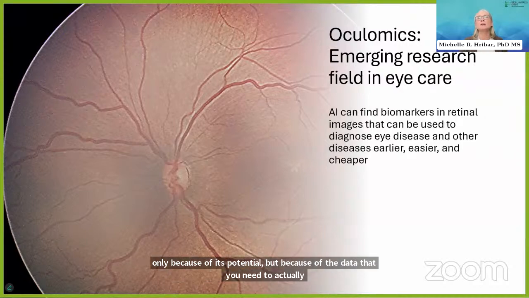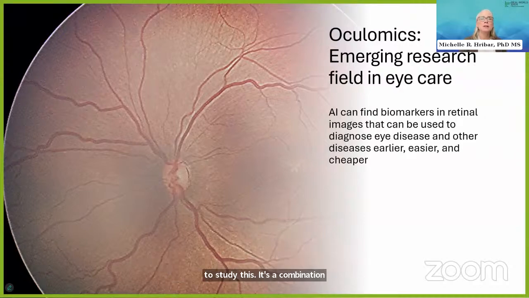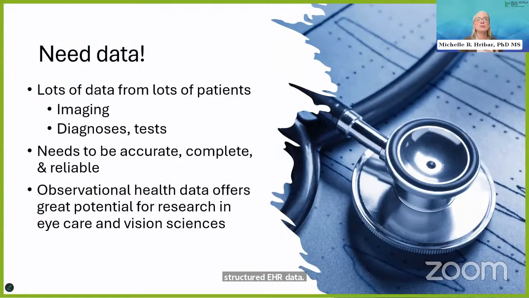It's a combination of really high quality imaging data plus high quality systemic data, structured EHR data. But in order to study this, we have to have large amounts of data. It needs to be high quality. And we think that observational health data really offers the potential to be able to do these studies, not only oculomics, but in other areas of ophthalmology.